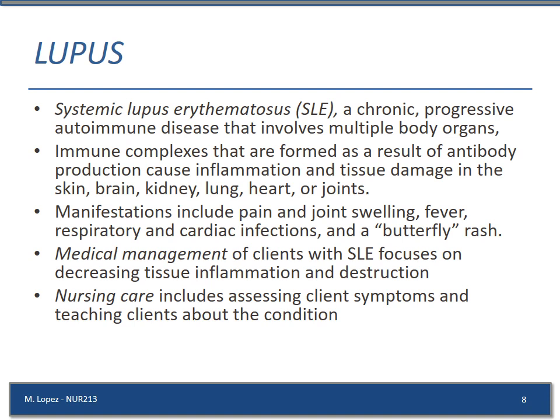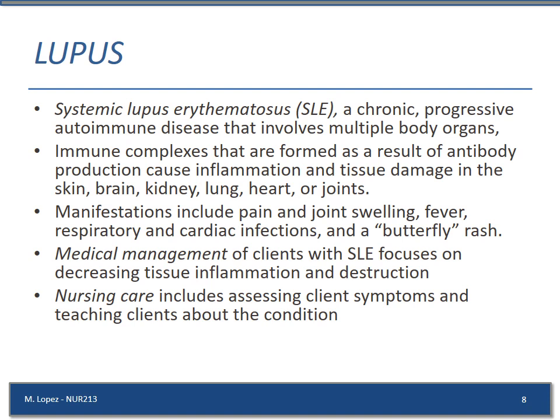Now, lupus manifestations, or symptoms rather, can include pain and joint swelling. People can present with fever, frequent respiratory and cardiac infections. And then there's this classic butterfly rash. I'll show you some pictures of this during class. There's also a picture in your textbook too.